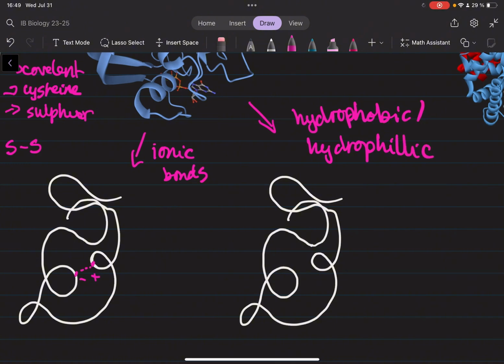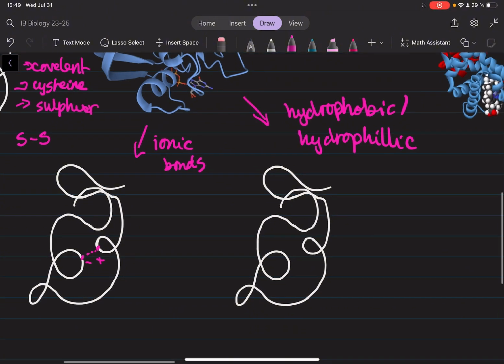So essentially, hydrophobic molecules do not like water, right? And hydrophilic do like water, or more specifically, hydrophobic are nonpolar and hydrophilic are polar molecules. So when you put a protein inside of water, for example, you will get hydrophilic amino acids on the outside of that protein.